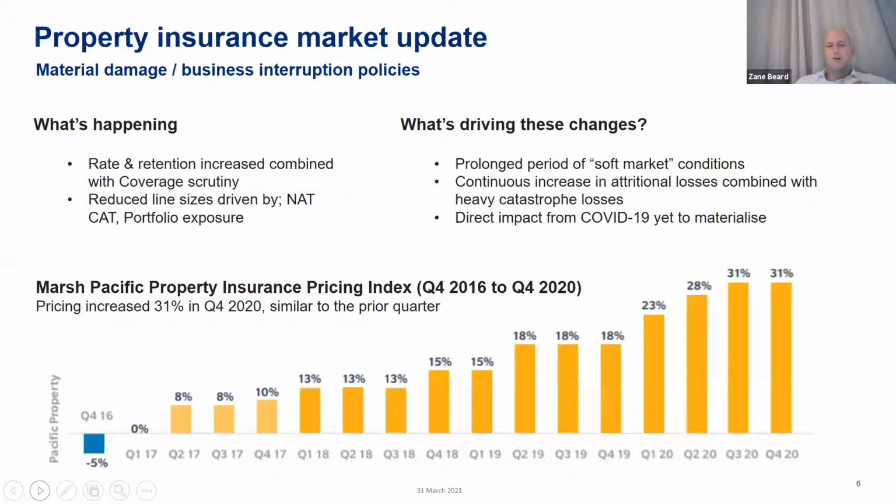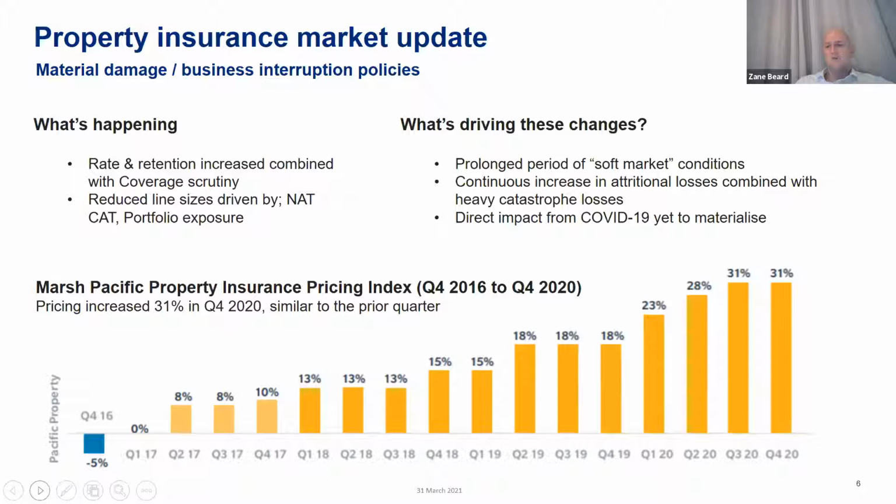We're seeing more of a push to increase retentions, greater scrutiny on coverage, and reduced capacity, particularly where there's portfolio exposure or natural catastrophe exposures.